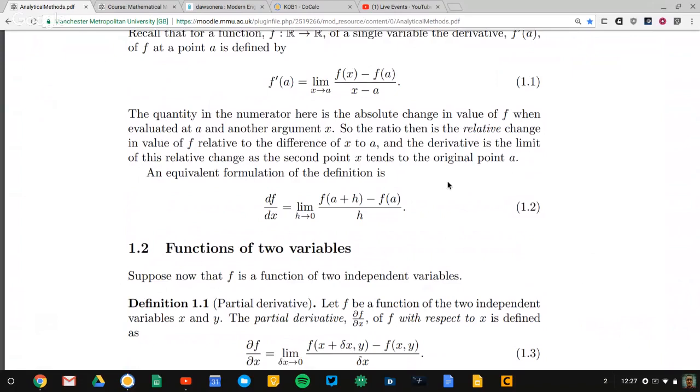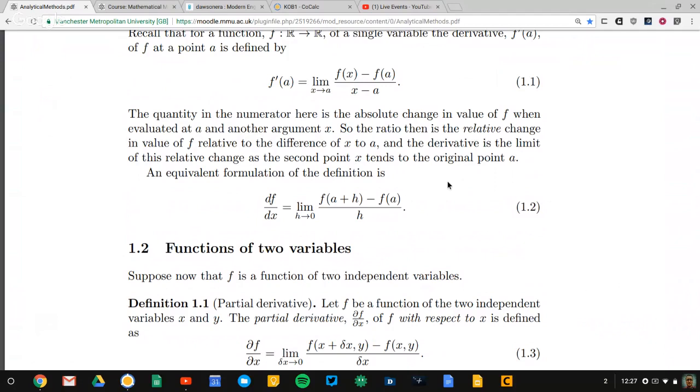In alternative notation, we have df/dx, the derivative of f at x. It's still the same thing, still at a base point a. This limit is written not with x - a, but using a as the base point, and rather than a separate point x which you let approach a, you use h as an offset variable.